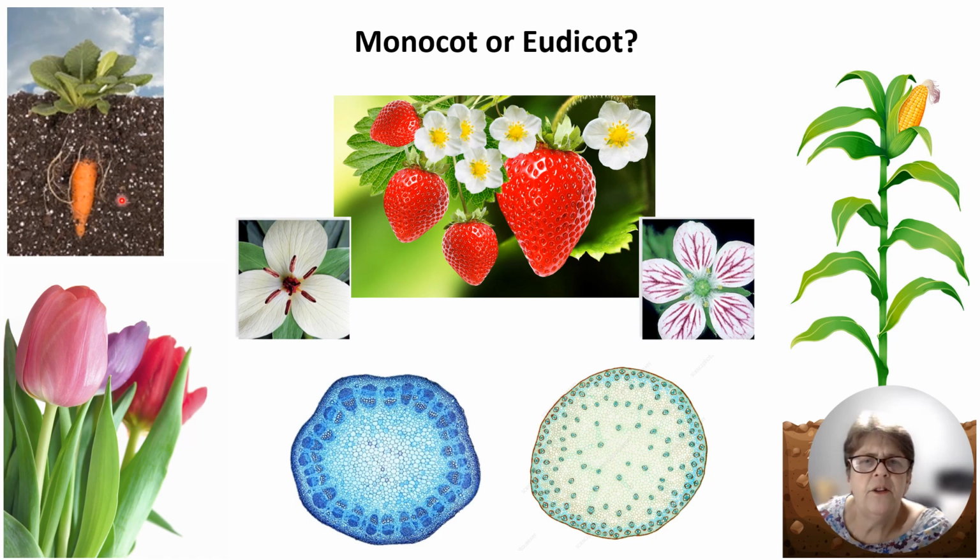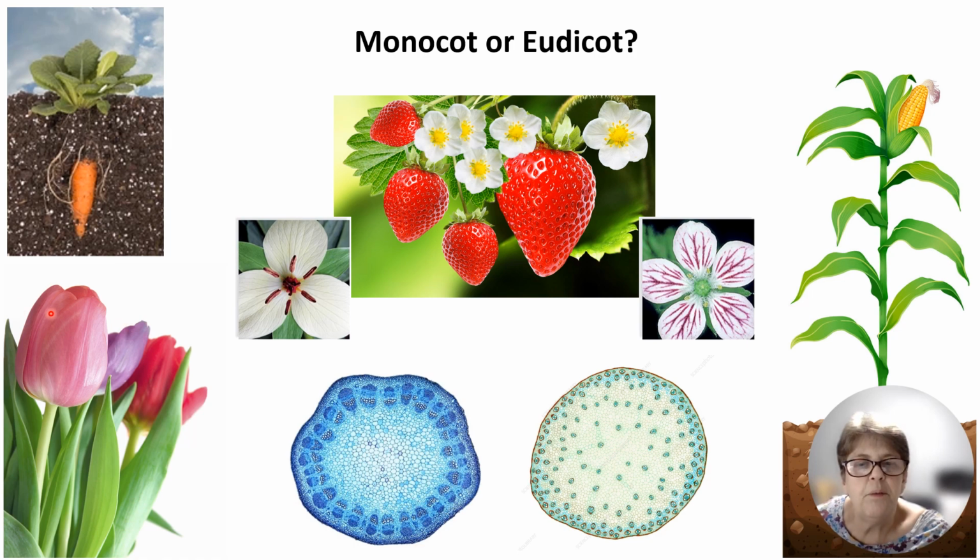So what about this? Is this a monocot or eudicot? It is a eudicot, and one way I can tell is it has this large single root, the taproot, and that's a carrot, but also it doesn't have parallel veins. What about this one? That is going to be a monocot because of the parallel veins.